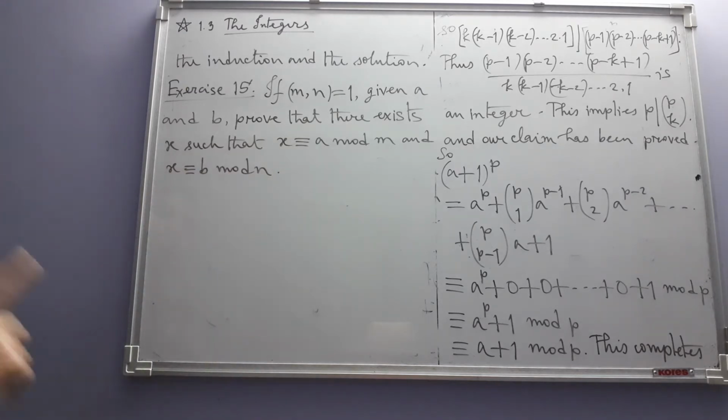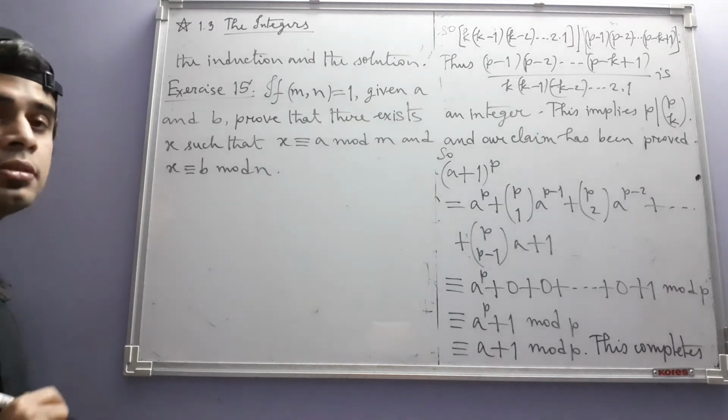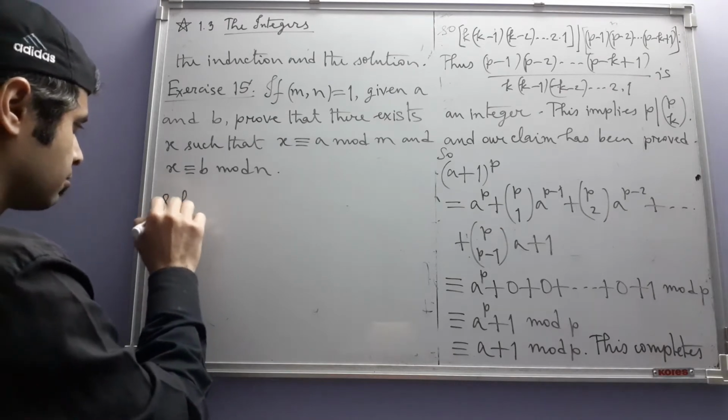This is a special case of something in number theory that is called the Chinese remainder theorem. Okay, we will see that at one point.